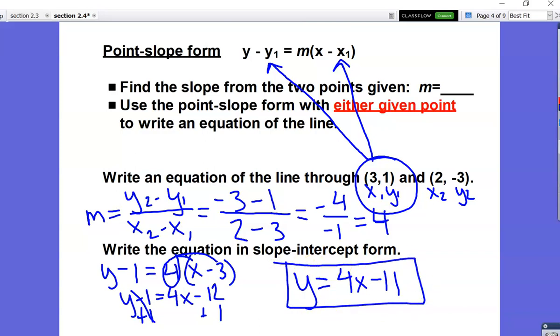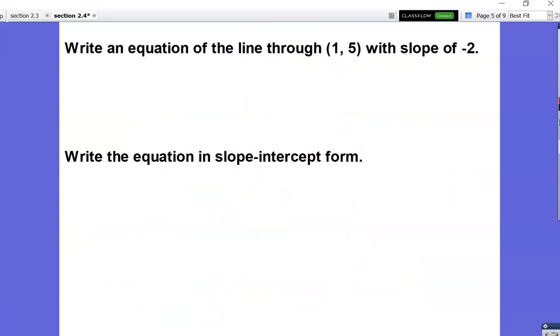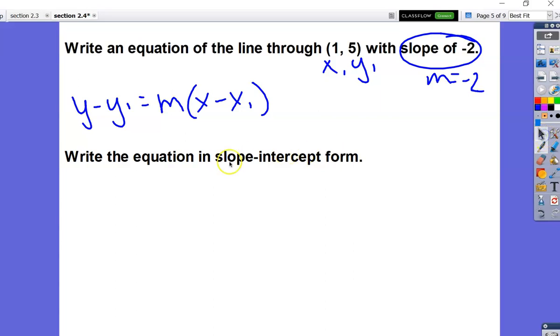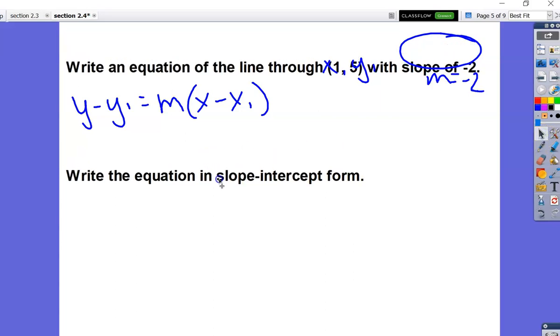So sometimes you have to solve for the slope, but other times that slope is given to you. In this next example that we're looking at, we were given that the slope is -2, so we can just write m equals -2. And now this is the point that we're going to use for x1, y1. So again, that formula is y minus y1 equals m, x minus x1. We are going to substitute.